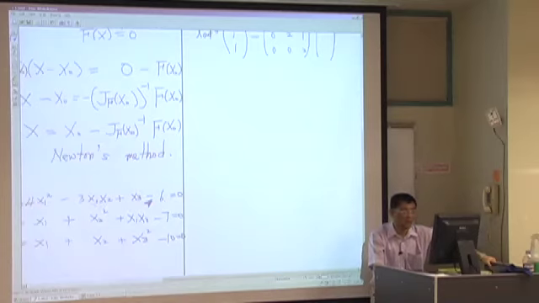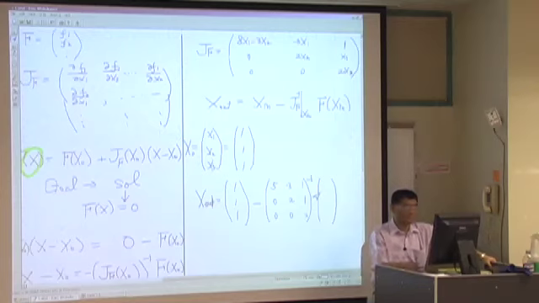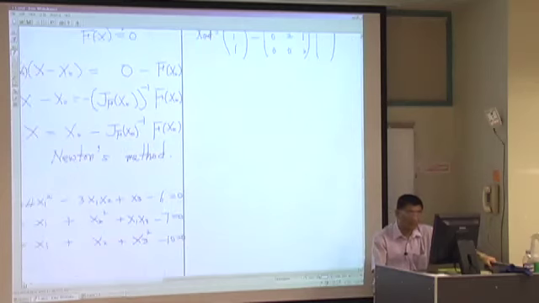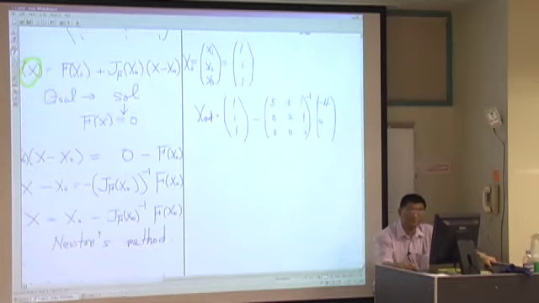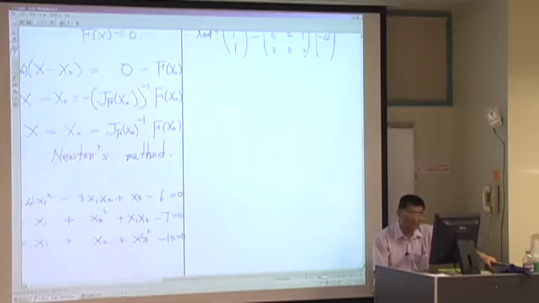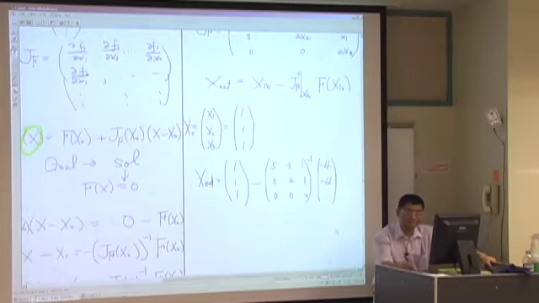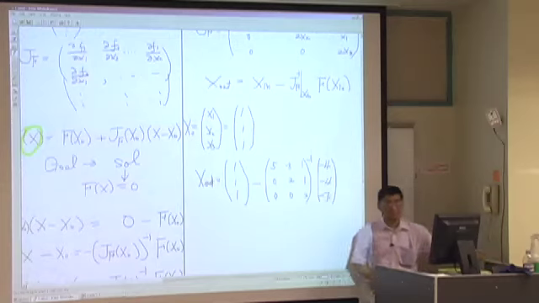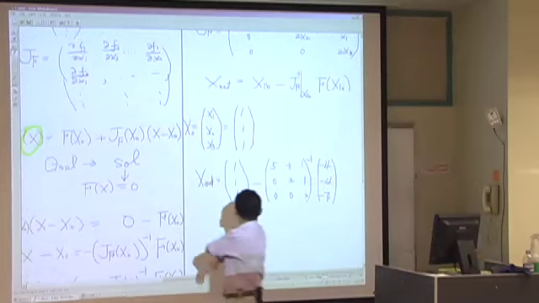If you use 1, 1, 1 here, it will give us negative 4. And what is the next number? If you use 1, 1, 1, negative 4. And then if you use 1, 1, 1, then you will get negative 7. So this is what we get, right?